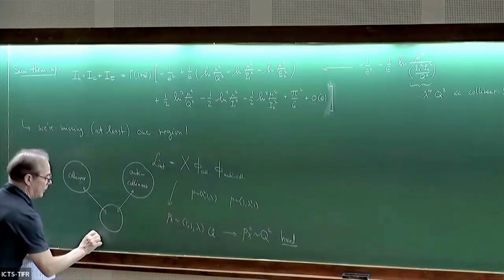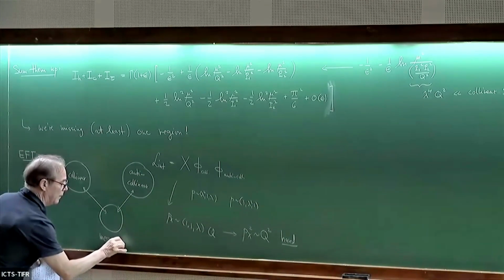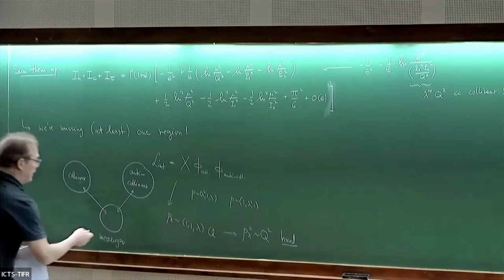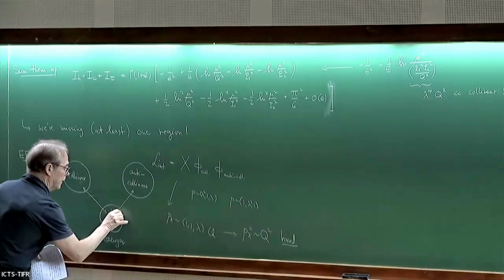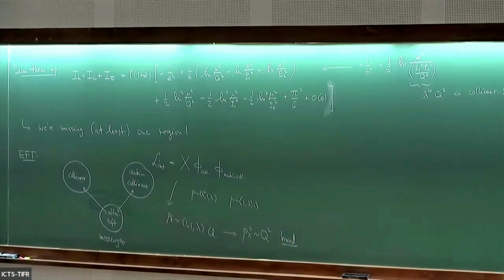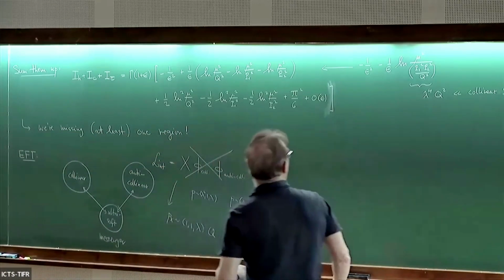And as a messenger, it mediates interactions in that way between the collinear and the anticollinear sector. And that sector is called ultrasoft. So there should be a new region corresponding to ultrasoft particles which can interact at the same time with collinear particles and anticollinear particles. So that's the physics reason why we should have another mode.